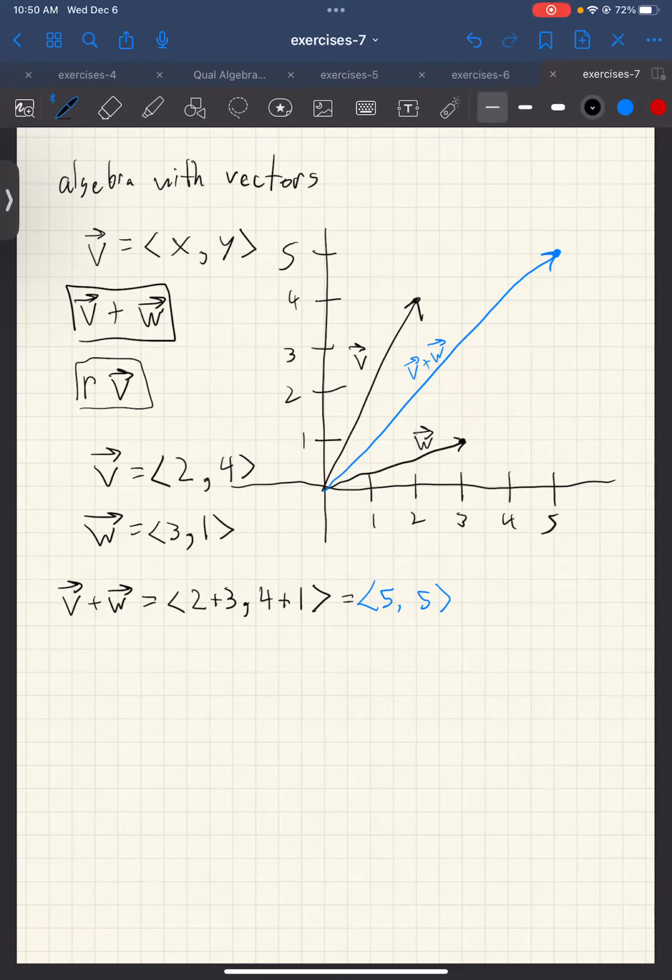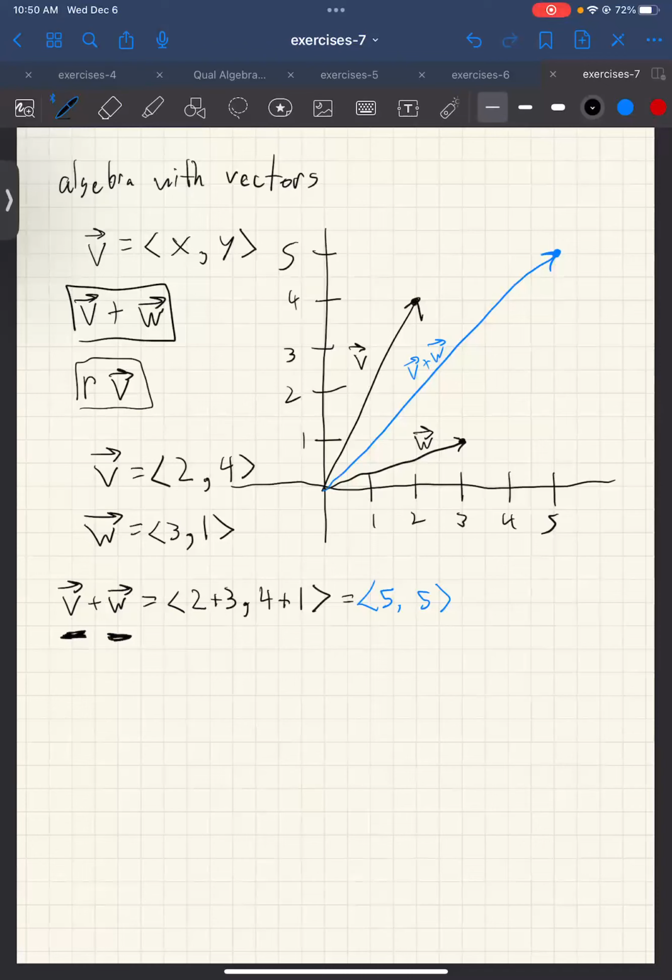Well, what happens if I literally just take my vector v and stick it on the end of vector w? So again, we do our stuff from v, then let's do our stuff from w. So let's take my vector w and stick it on the end of vector v. Well, vector v says I go to the right 2 and up 4.